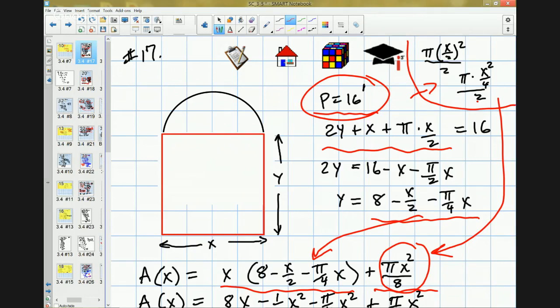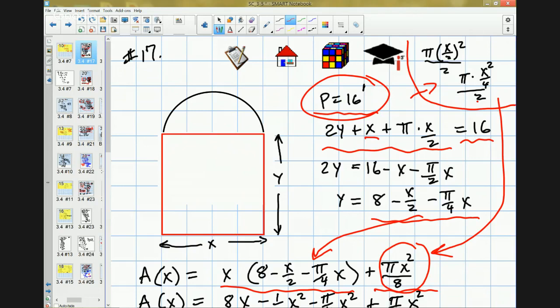We've got two y's because there's one on each side. We've got one x on the bottom. And then we have the circumference, pi times that diameter divided by 2. Okay, add those up, and that perimeter must be 16. So that's a good beginning point.